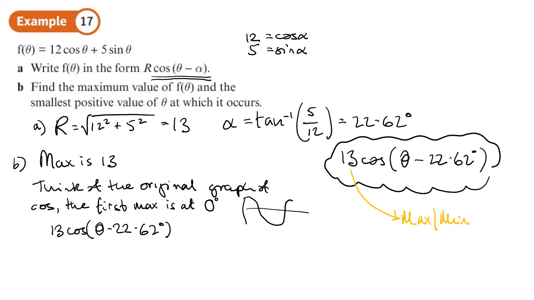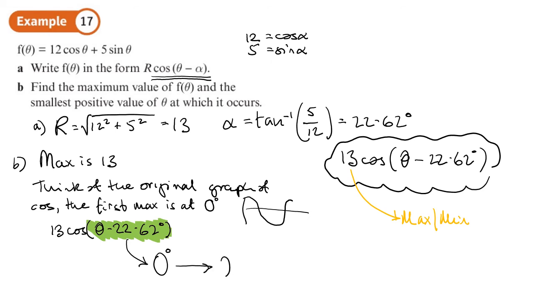Right, when am I going to get the first maximum? The same thing. When this is 0, the first max of this has to be when the contents of this bracket is 0, not theta, 0 degrees.